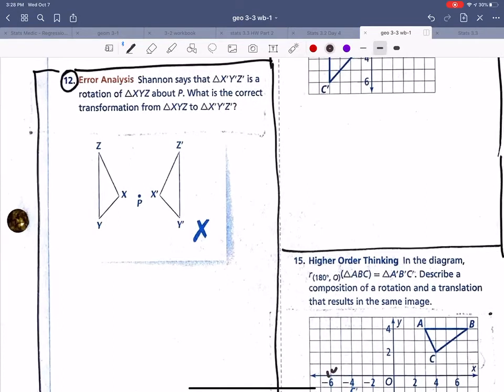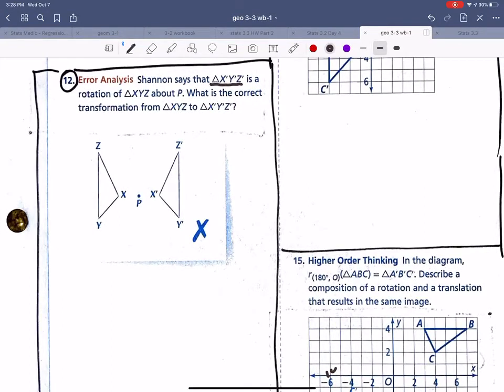Shannon says that our image is a rotation of this pre-image about P. What is the correct transformation from the pre-image to the image?